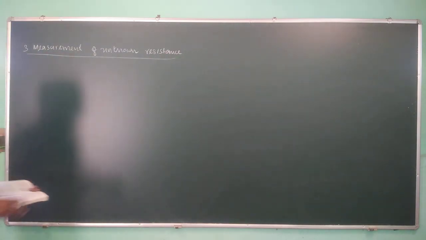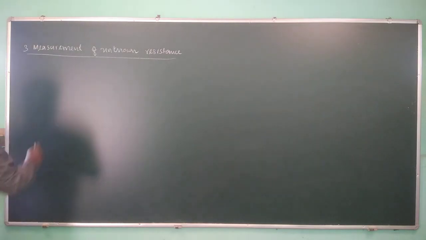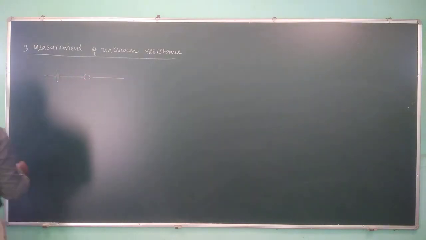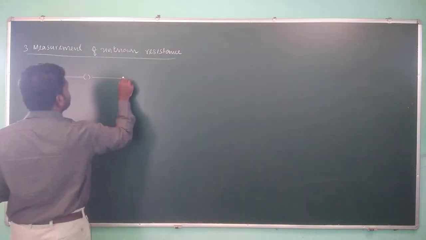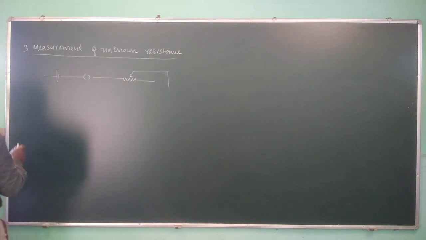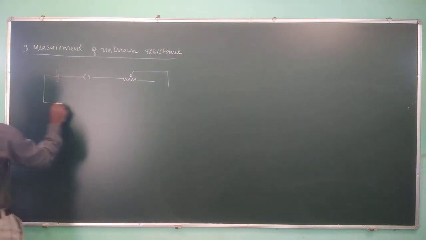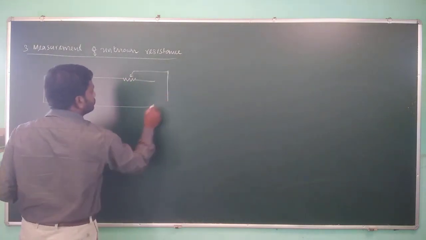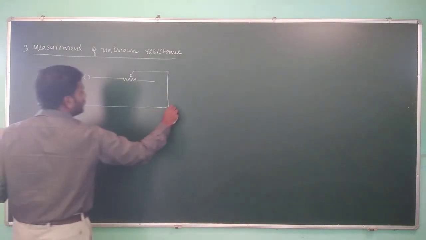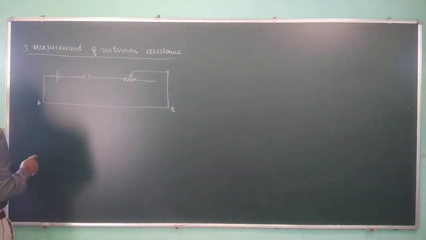So for this, let me draw the diagram first using the potentiometer. This is A and this is B.